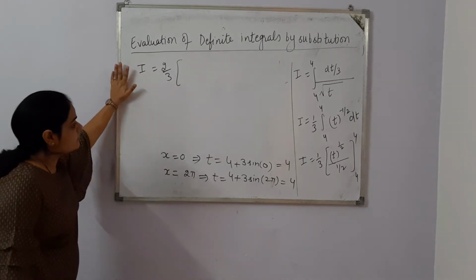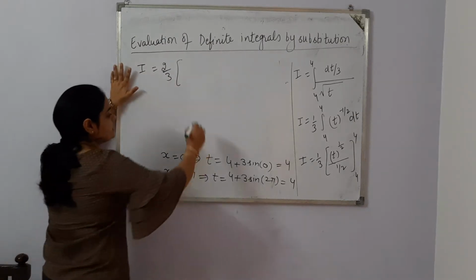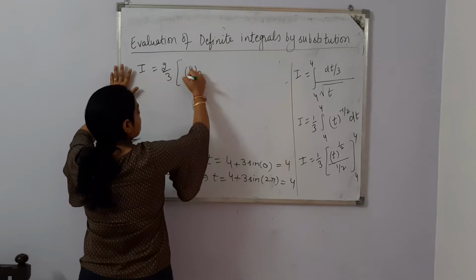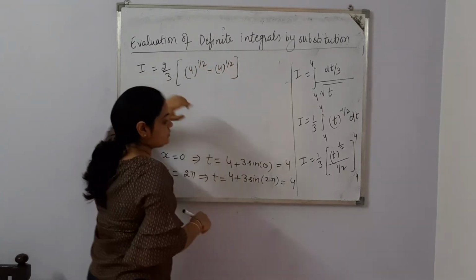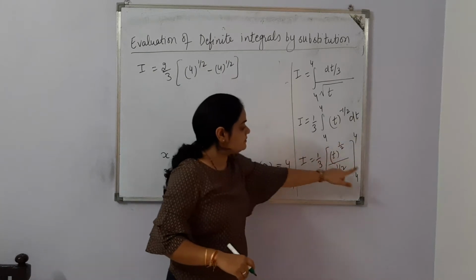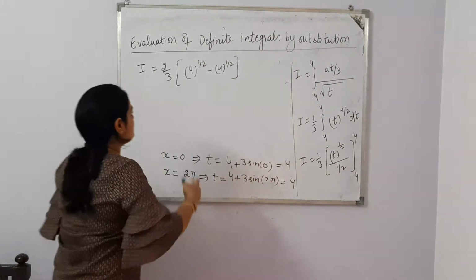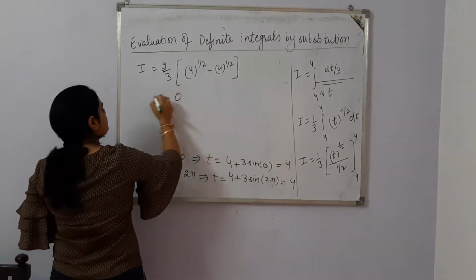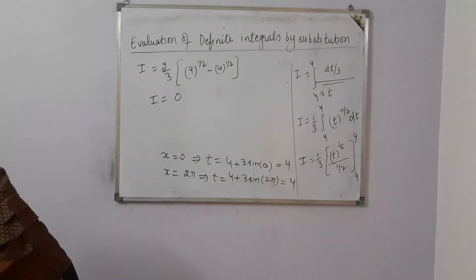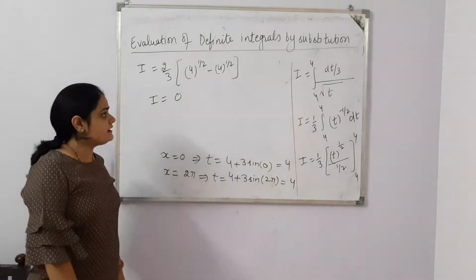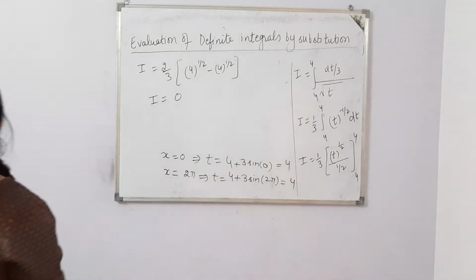So 2 by 3 times t raised to power 1 by 2, that means 4 raised to power 1 by 2 minus 4 raised to power 1 by 2, upper limit minus lower limit. Of course the terms are the same, so it is 0. So I's value is equal to 0. Hope this question is clear. Let's do one more question.